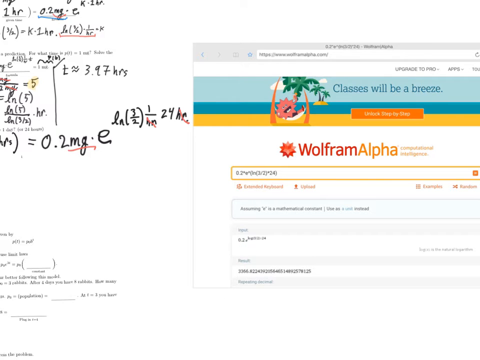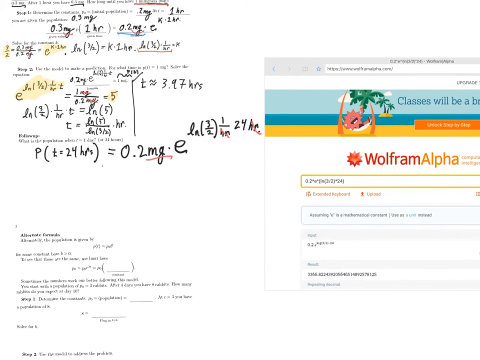Now, there could be a little bit of simplification done, but I didn't. The resulting thing seems to be around 3,400 milligrams, also known as 3.4 grams.